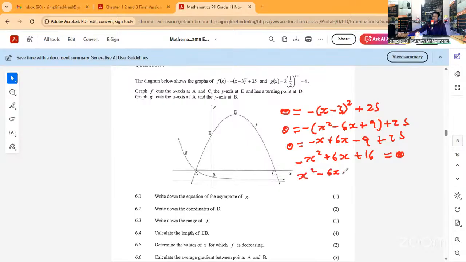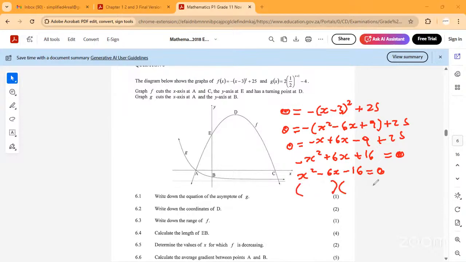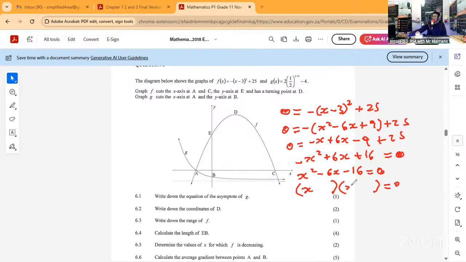Then x squared minus 6x minus 16 is equal to 0. Then when we factorize that, we would have x and x, and then we would have 8 and 2, negative and positive. Therefore, x will be minus 2, or x will be 8.